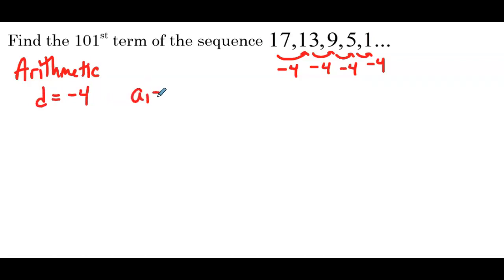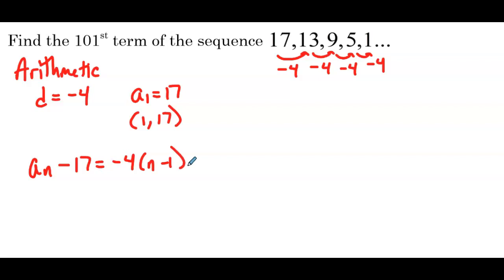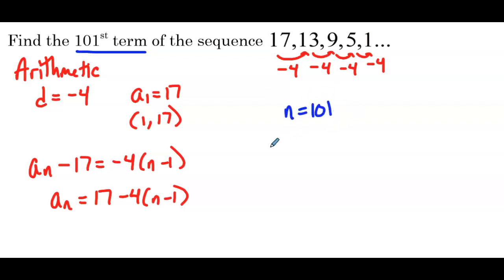The first term is 17, which we can express as the point (1, 17). So to find the 101st term, let's write the explicit formula first. So a sub n minus 17 equals -4 times (n minus 1). So a sub n equals 17 minus 4 times (n minus 1). Now we're looking for the 101st term, so that's n equals 101.